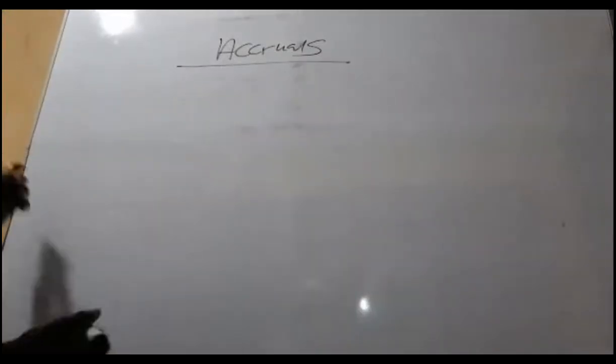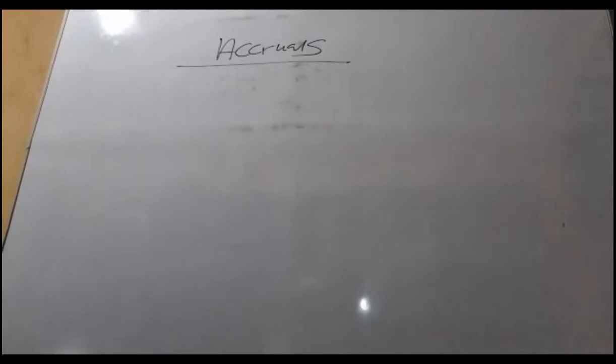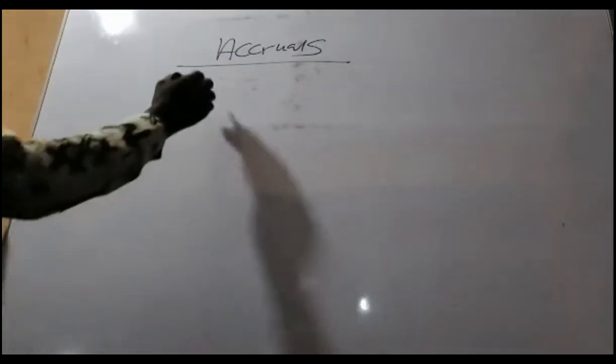We said that transactions must be recorded as and when they occur, and hence expenses must be recorded as and when you incur them, not when you pay. So as a result of the accrual basis or accrual concept, you might end up owing, or someone might end up owing you. So accrual simply means owing.